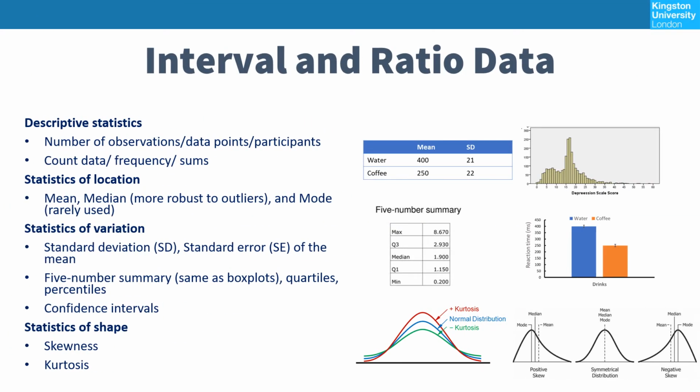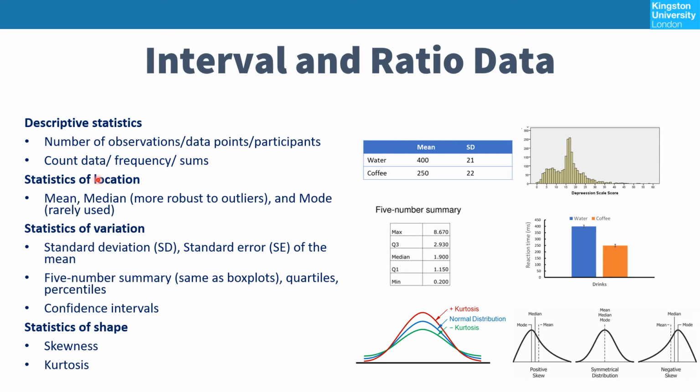For interval and ratio data, we are basically allowed to do any sort of operation that we find to be relevant and informative. So in terms of descriptive statistics, we can measure the number of observations, we can use counts, frequencies, sums, averages, any of the things that you think would be relevant to your reader to communicate the information about your data.